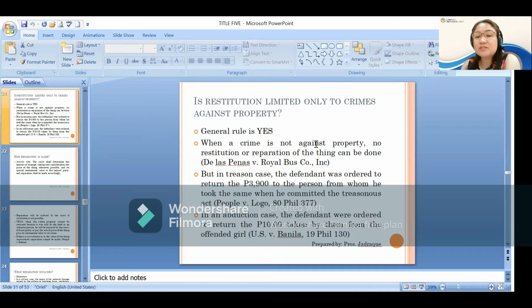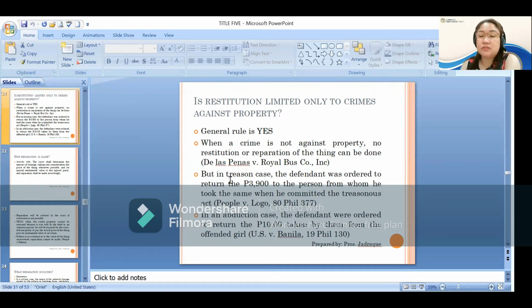But when a crime is not against property, as a rule, no restitution or reparation of the thing can be done because there was no object or property that was stolen. So there would be nothing to return.